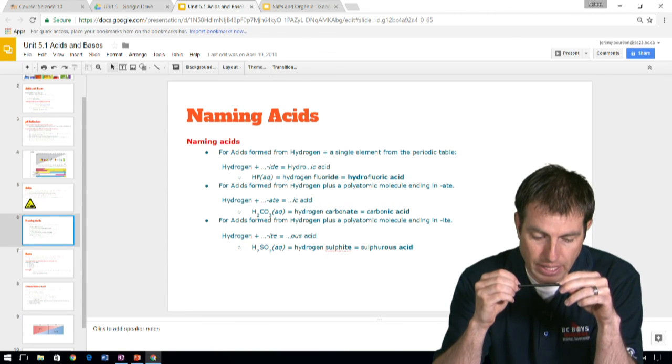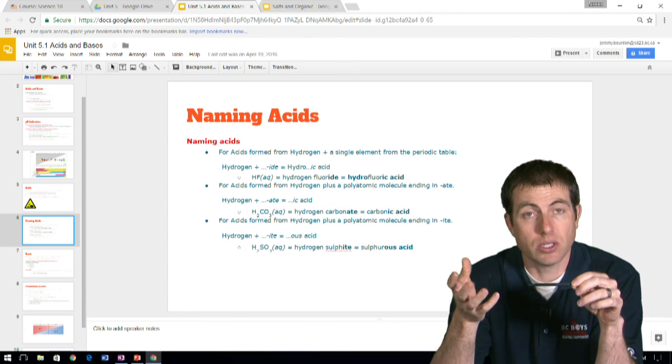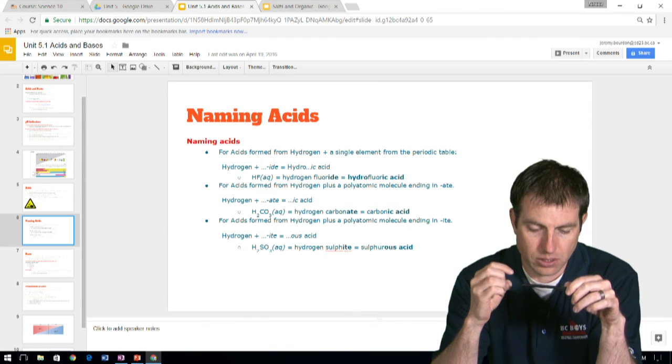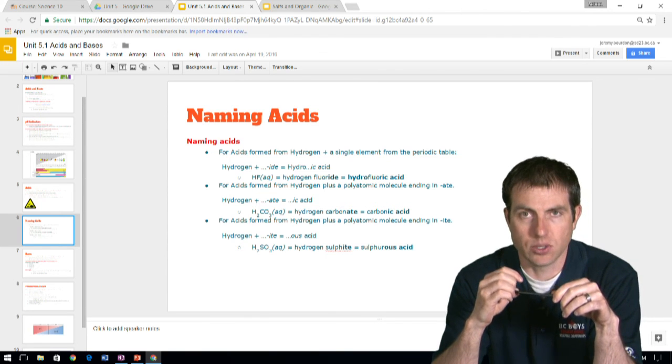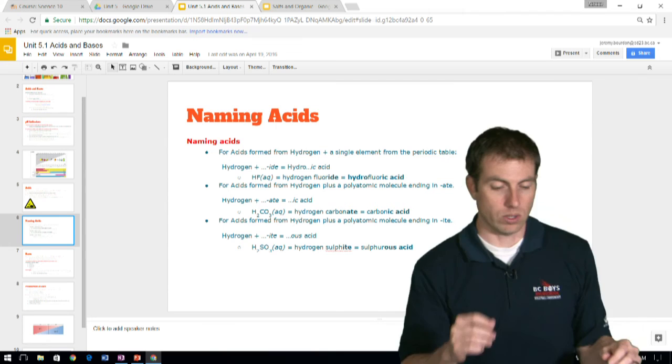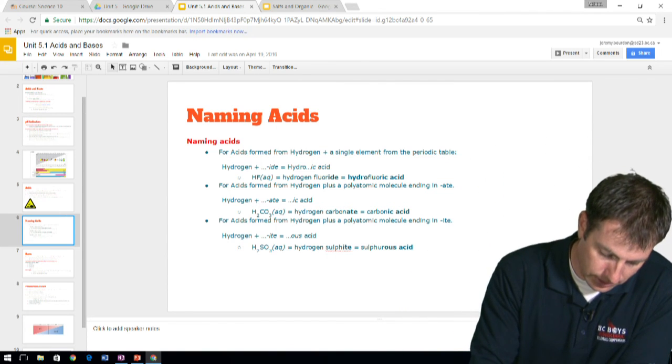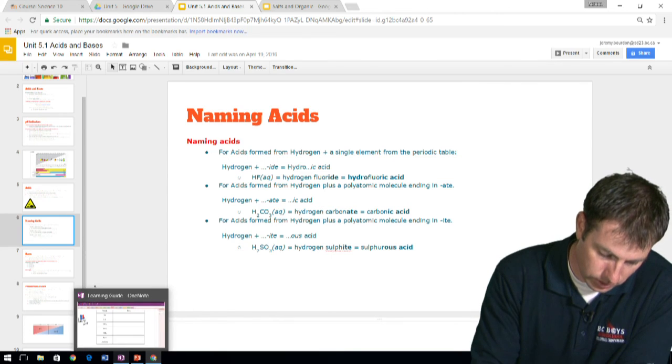If our polyatomic ion ends in "-ate", we go "-ic" acid, and then "-ites" are "-ous" acids. So let's maybe write these down. "-ates" are "-ics", "-ites" are "-ous".